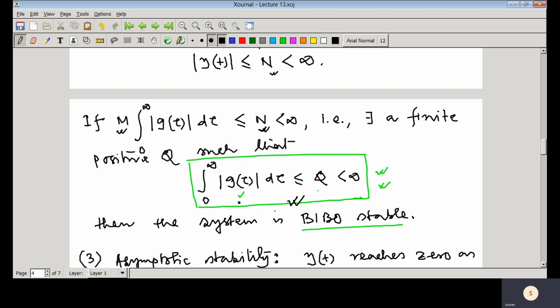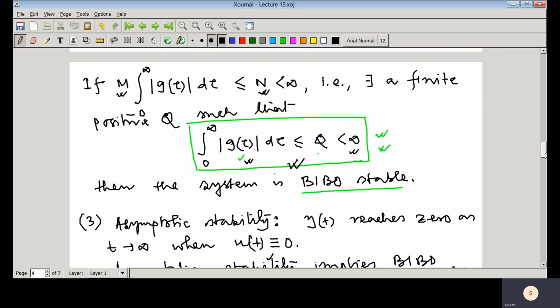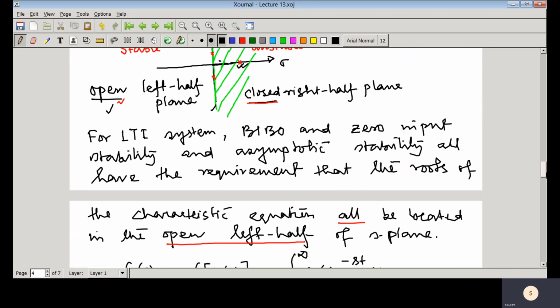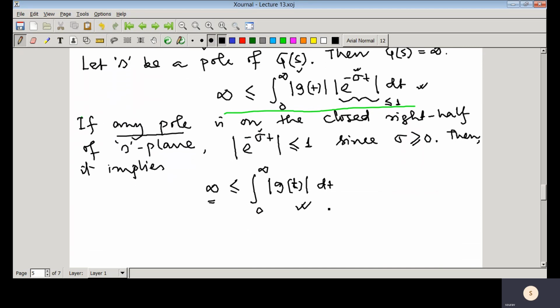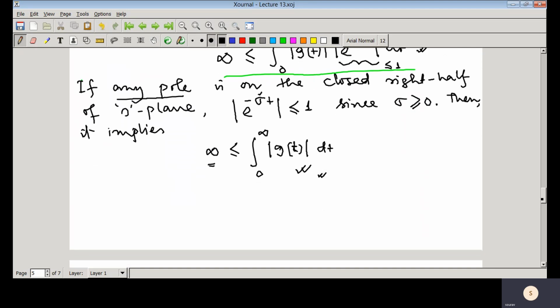The integral from 0 to infinity of the absolute value of g(tau) should be less than infinity, that means it should be finite. But if any pole lies on the closed right half of the S plane, this expression is coming infinite. So the system is unstable.